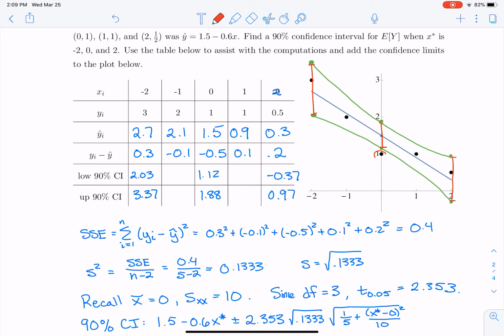Notice that this data point's not in the confidence interval. And that's because this is not a confidence interval for the data, it's a confidence interval for the mean, or for the regression line. Okay, so it's not supposed to necessarily include all the data points. It is supposed to be a 90% confidence interval for the line, the regression line.